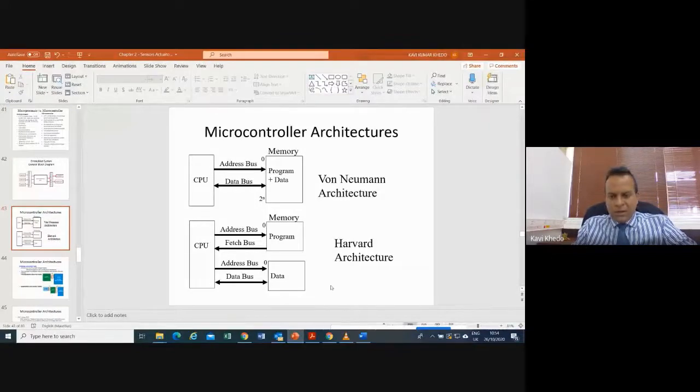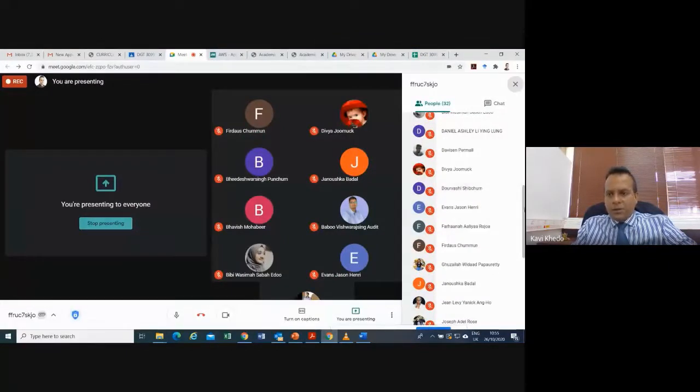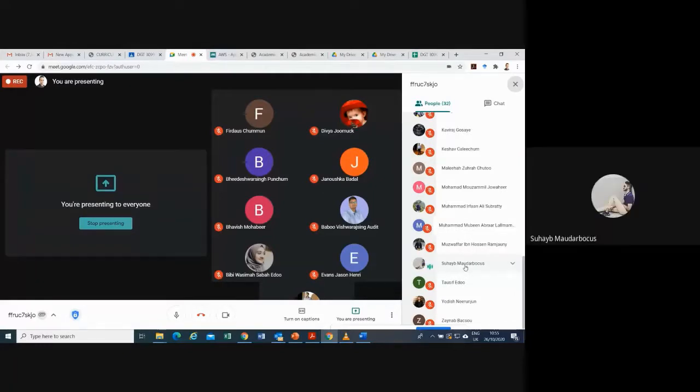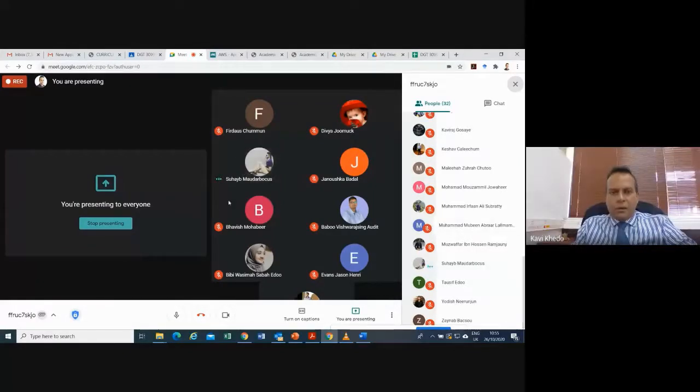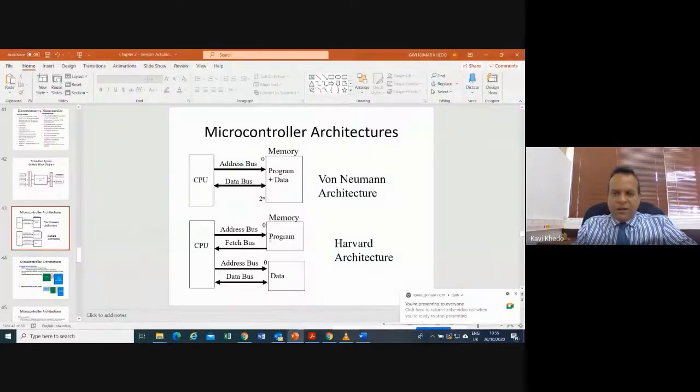So Jason has just explained the difference between a von Neumann and a Harvard architecture. What do you think is the advantage or disadvantage between those two architectures?